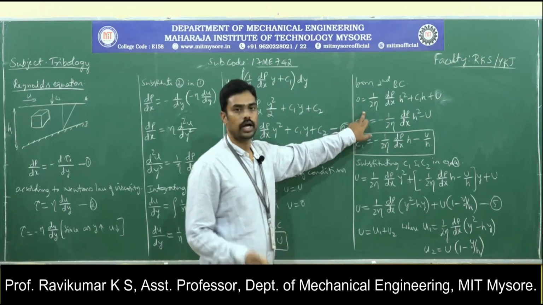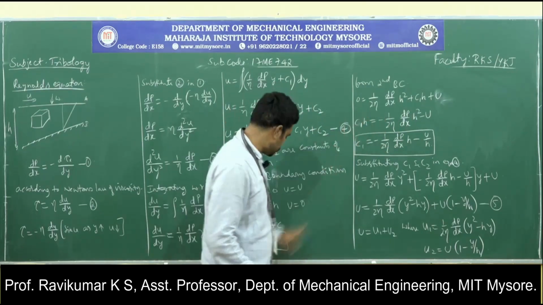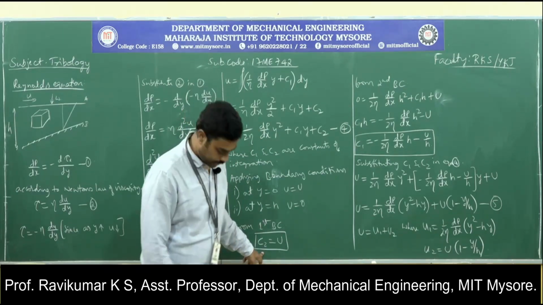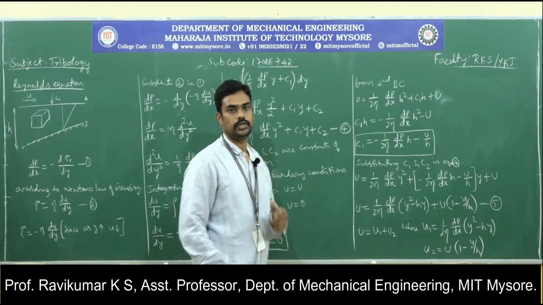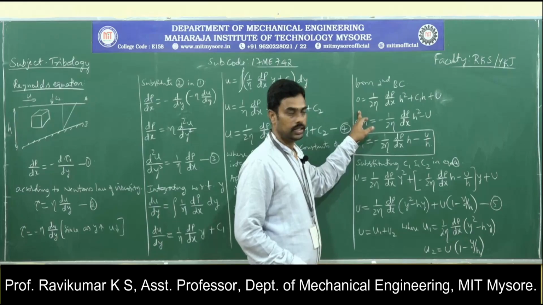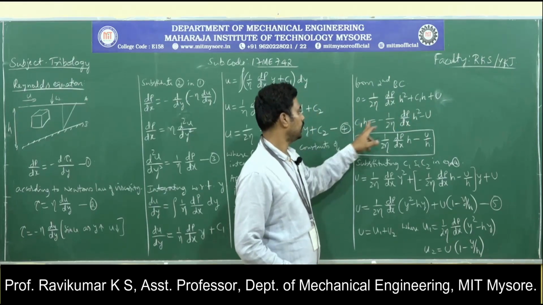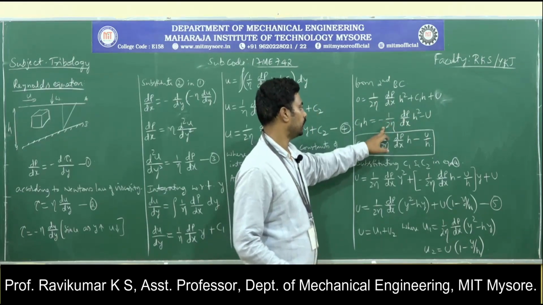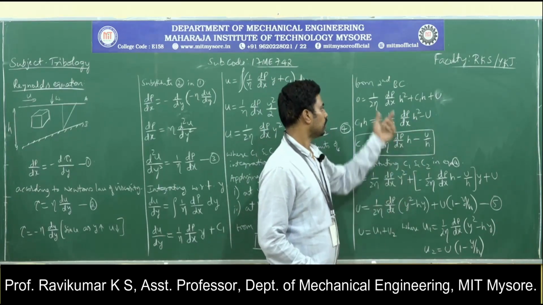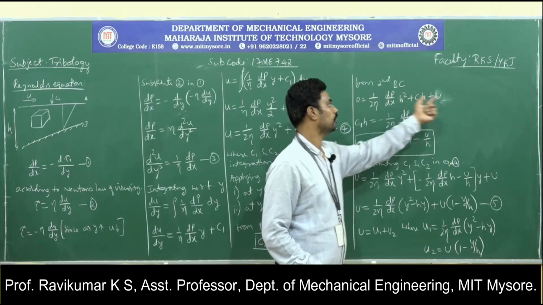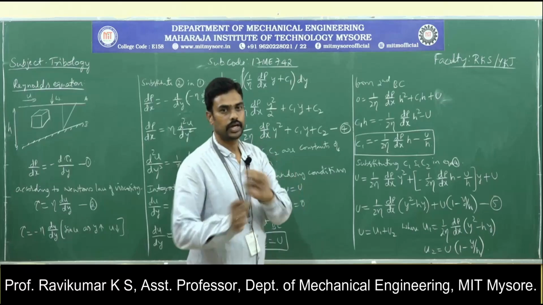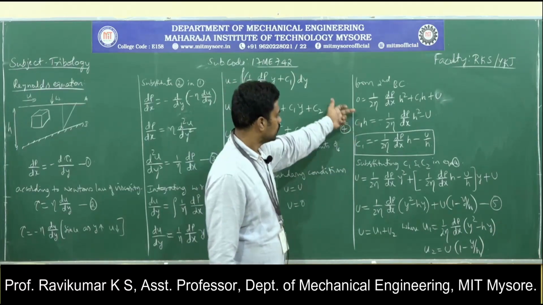From this I need to get C1 because I have already got C2 by applying the first boundary condition. By applying the second boundary condition you need to get C1. Therefore I will take the C1 term to the left hand side, and the right hand side will be minus 1 by 2 nu dp by dx into h square minus U. This is a rearrangement of the equation.